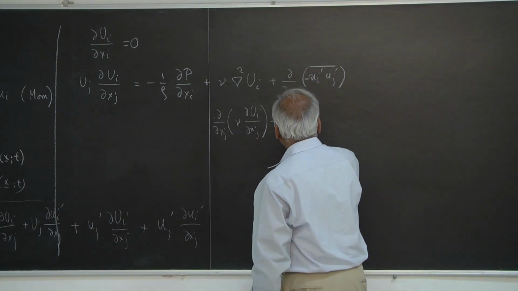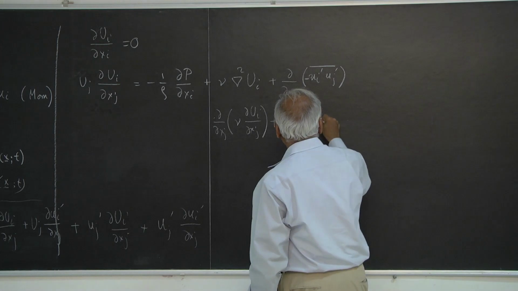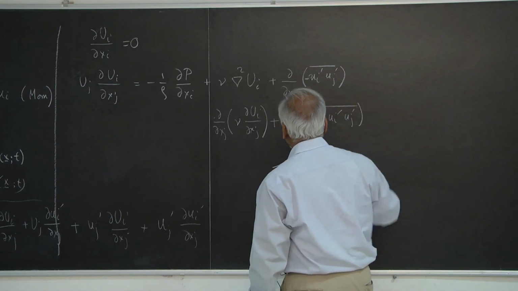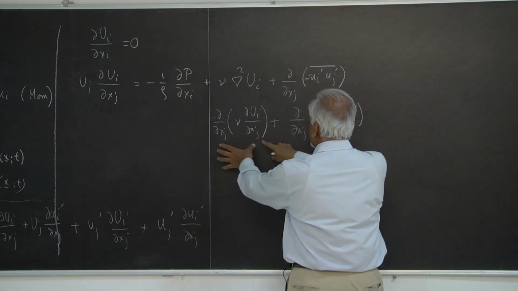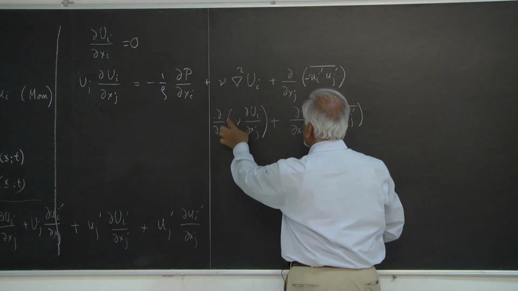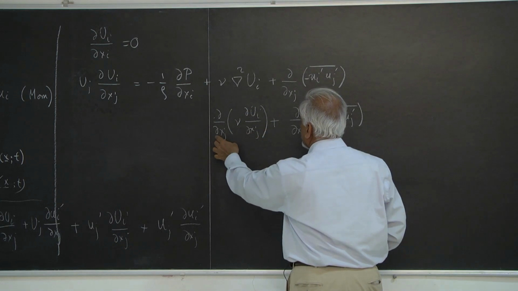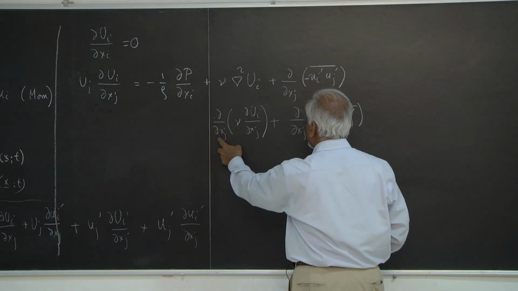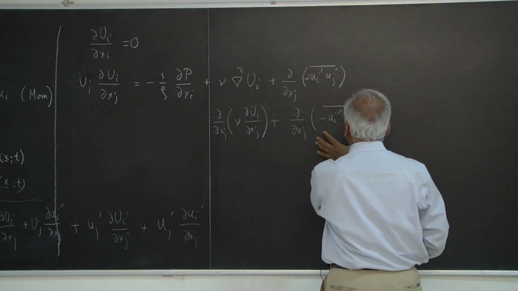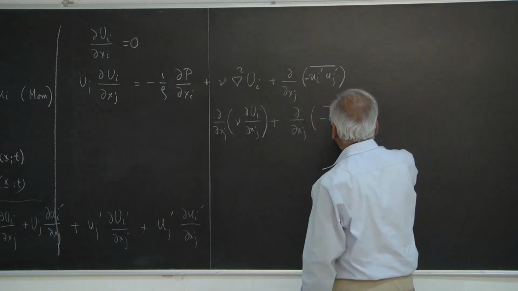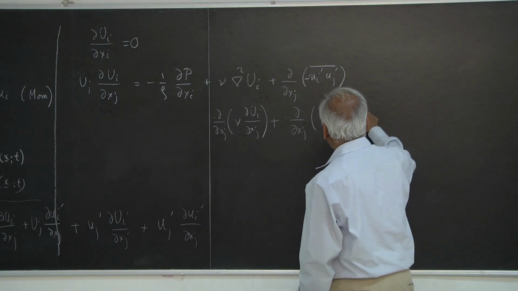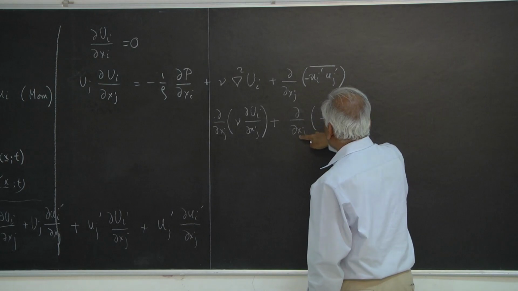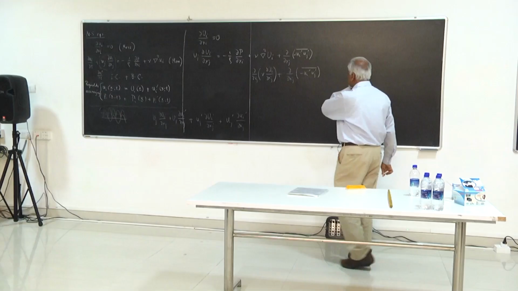So I have here d by dxj of ui prime uj prime average. So it's sort of like this term here. This is the viscous stress, and you have the term change of the viscous term, and similarly you might have here a stress term here due to the fluctuations, and its gradients like that.